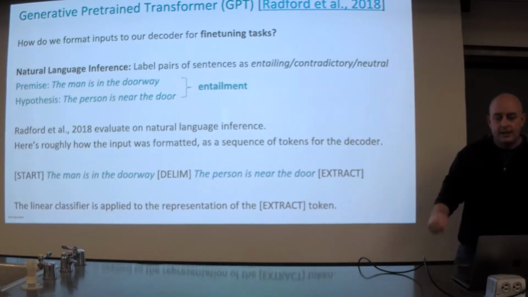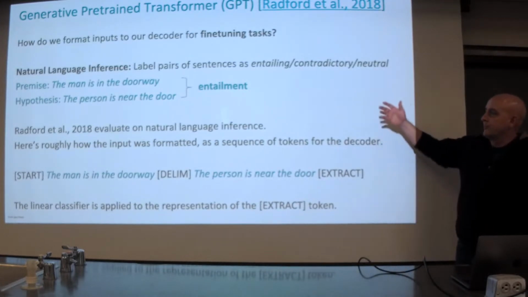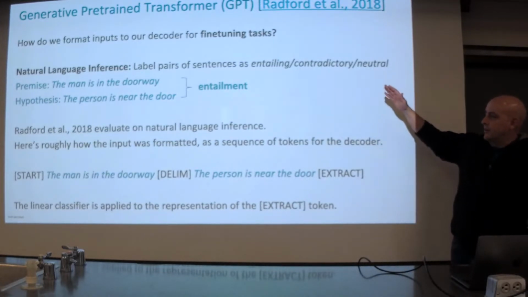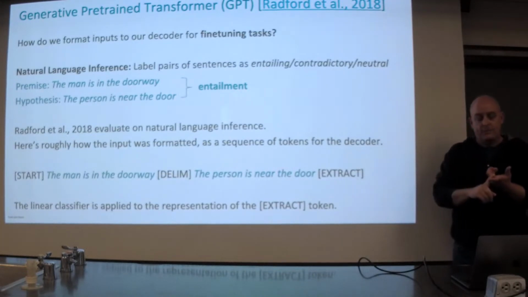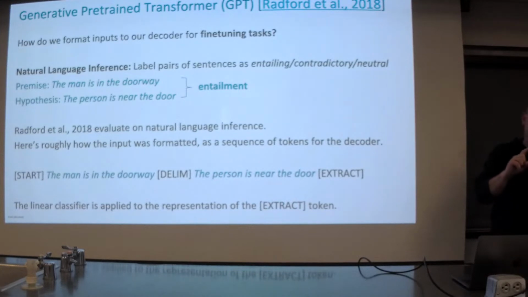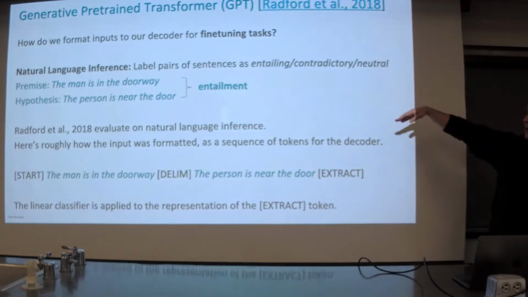Now, what were the fine-tuning tasks? There are a bunch we've already talked about, or that are pretty obvious, like sentiment analysis and question answering. But there are a lot of tasks called natural language inference that we want to do this kind of fine-tuning on. What are those?